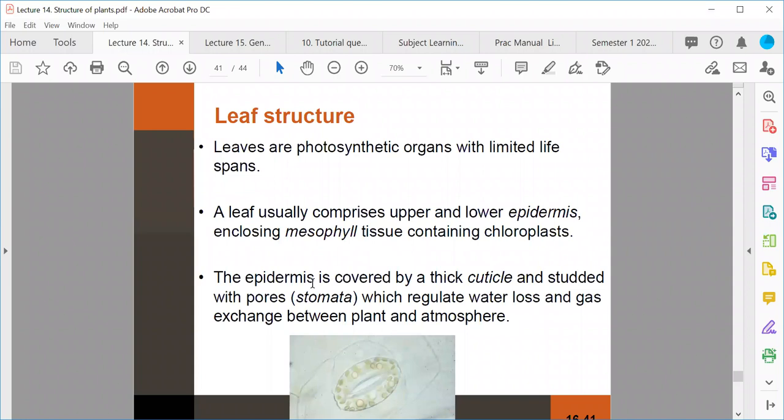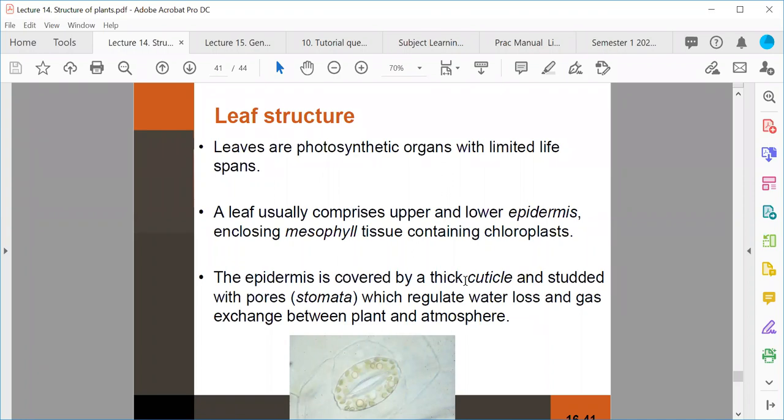The epidermis of a leaf is covered by a thick cuticle. The thickness of the cuticle really depends on environmental conditions and the plant species. The cuticle is waterproof. It is mostly impermeable to gases.